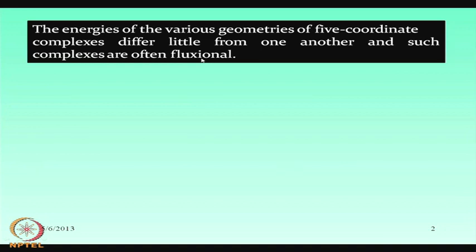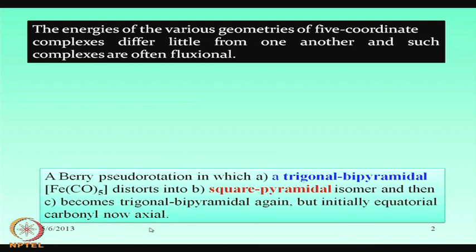A fluxional molecule is one that, with a slight energy change from one form to the other, goes from one structure to the other. So, if we use any spectroscopic technique or any other physical technique to monitor the structure, it is very difficult to monitor the geometry in one form only, because they are continuously interchanging from one form to the other.